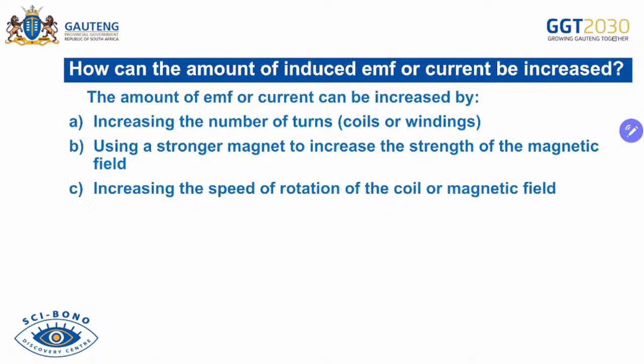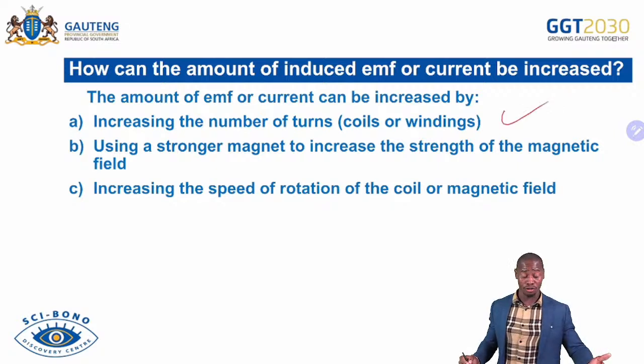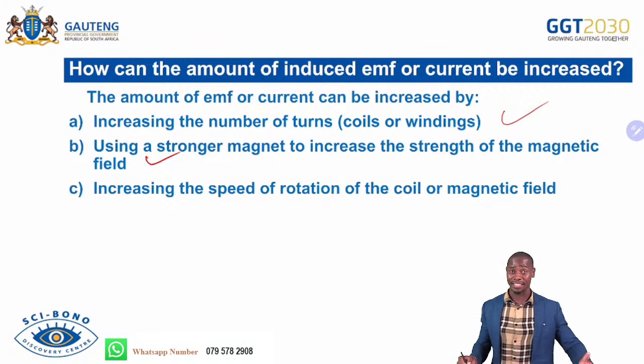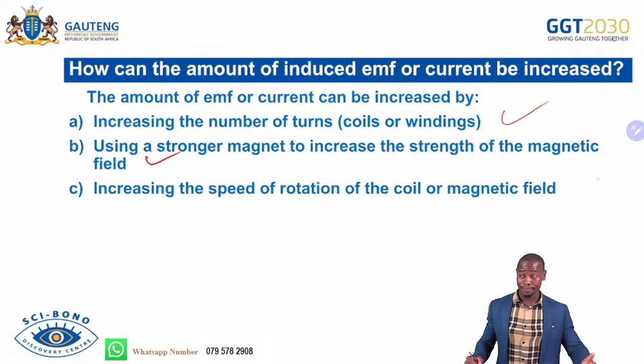How can we increase the amount of EMF induced in a coil? We can increase the amount of EMF or current induced in a coil by increasing the number of turns or windings in the coil, by using a stronger magnet to increase the strength of the magnetic field, and also by increasing the speed of rotation of the coil or the magnetic field.